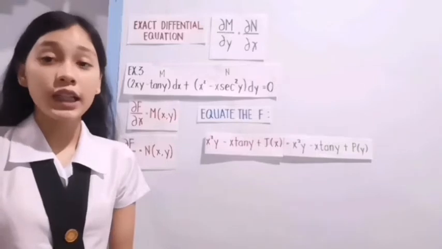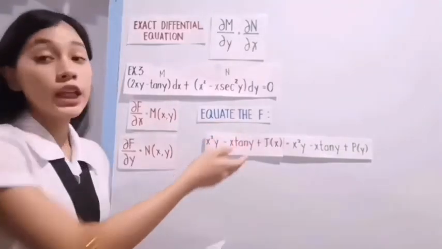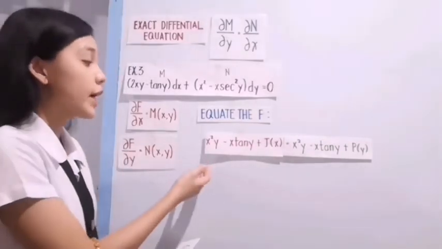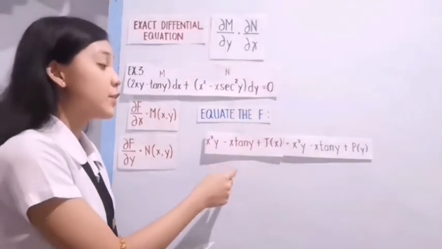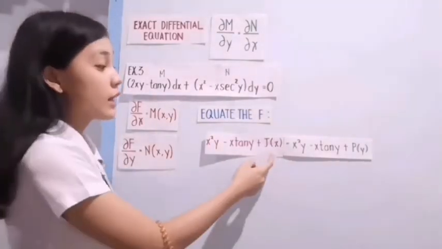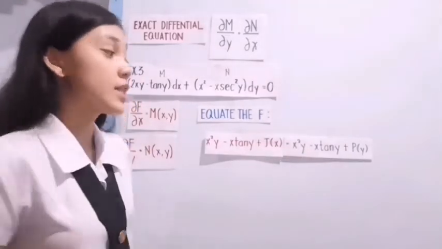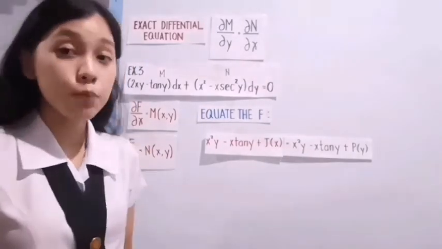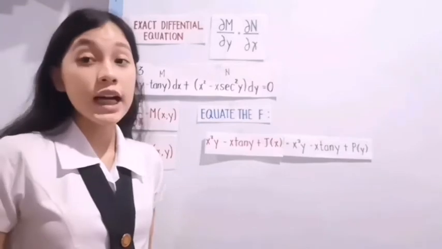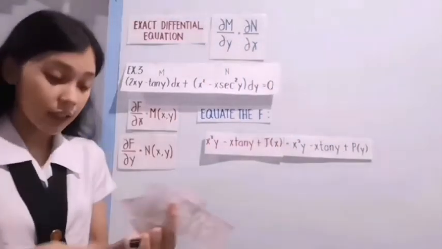So, eto nga yun ulit, kagaya nung kanina kong sinabi. So, dahil nakuha na natin yung value ng dalawang f natin, it's time na para i-equate natin sila. So, yung x squared y minus x tangent y plus jx is equals to x squared y minus x tangent y plus py. So, dito, magka-cancel na tayo kung alin yung mga magkakamukha sa kanila.